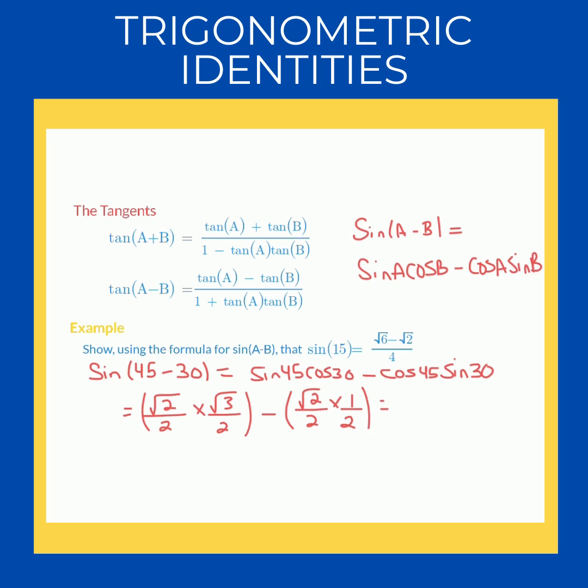So this is equal to the square root of 6 over 4, because the square root of 2 times the square root of 3 is the square root of 6, over 2 times 2, which is 4, minus the square root of 2 over 4. So this is equal to the square root of 6 minus the square root of 2, all of it divided by 4.